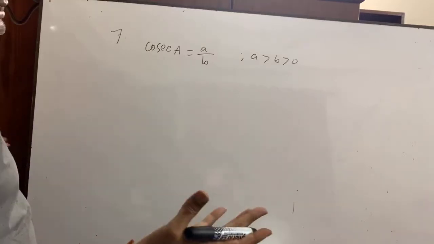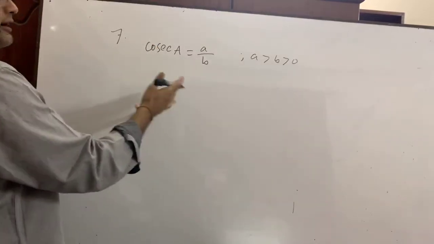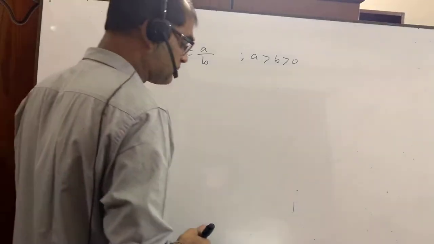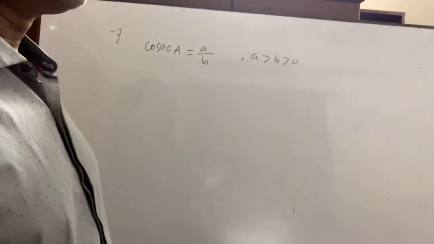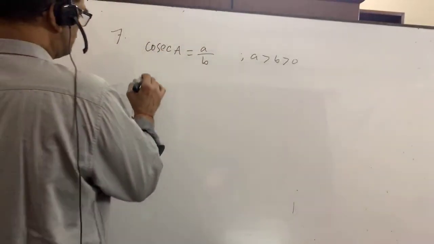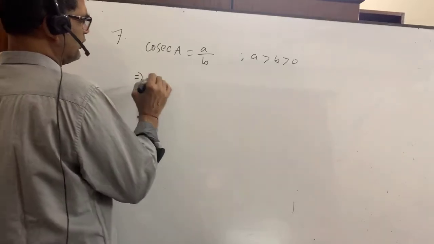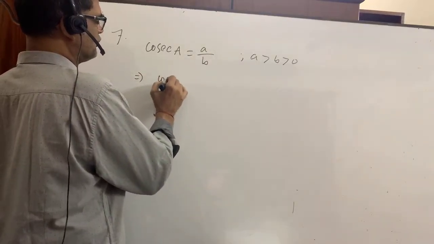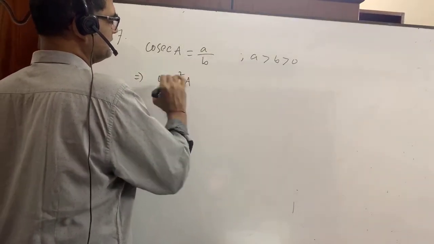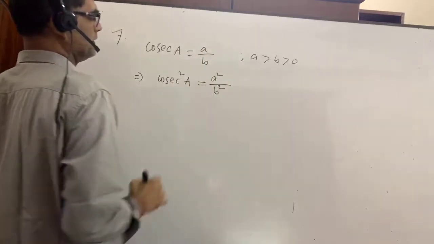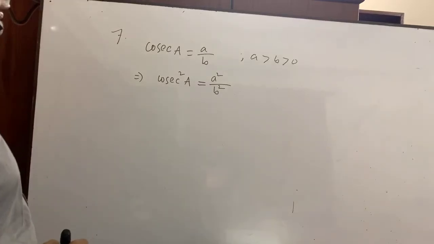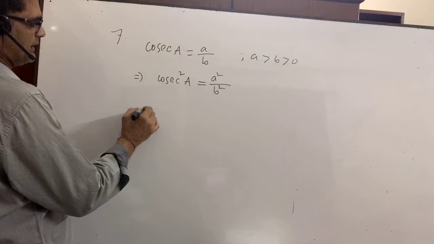Okay, it can be done in many ways, by drawing the figure, but in the proof there is plus minus, so we are not going to draw the figure. I will use the trigonometric identity. We can get it by squaring both the sides, that is, cosec square A is equal to A square by B square. By squaring both the sides we have got this.